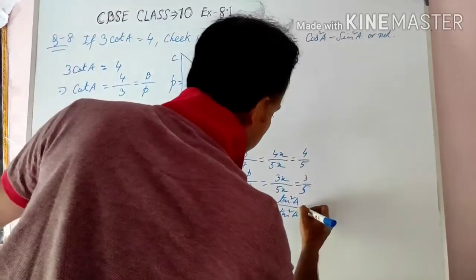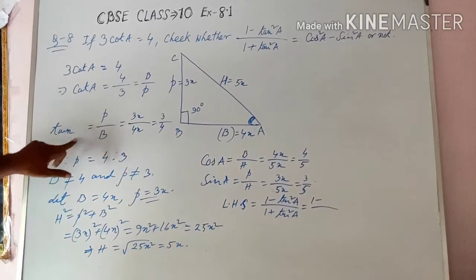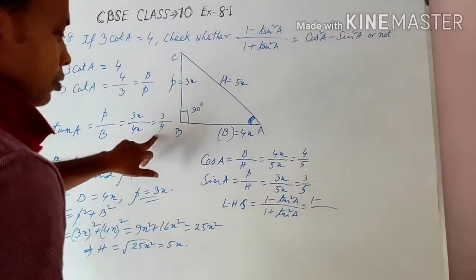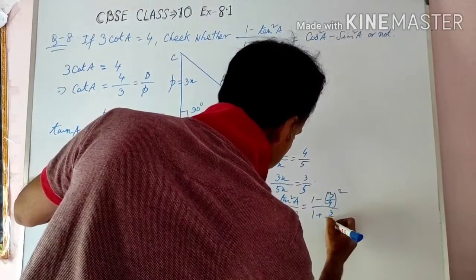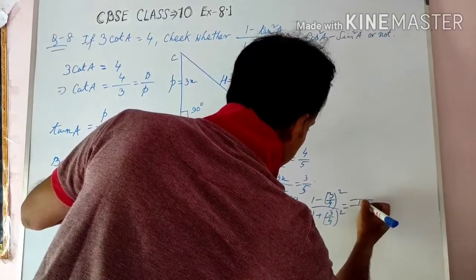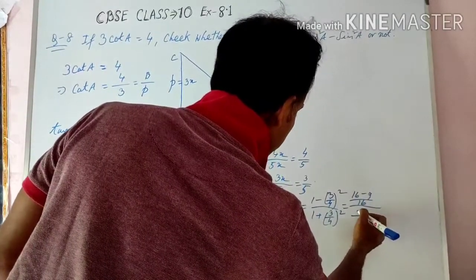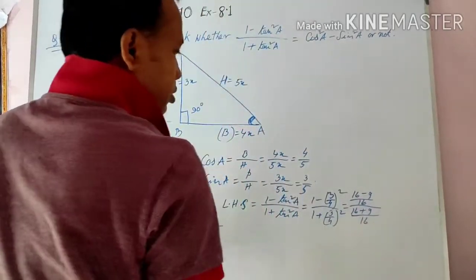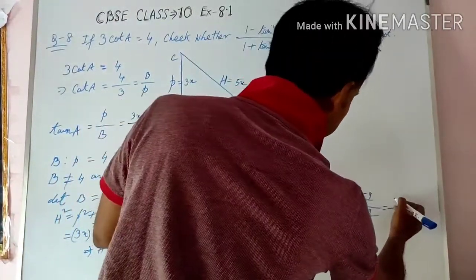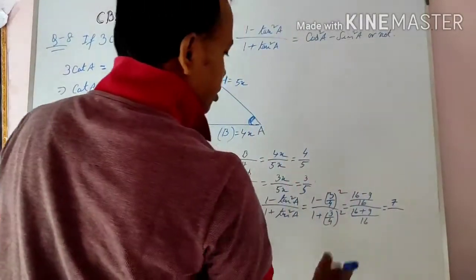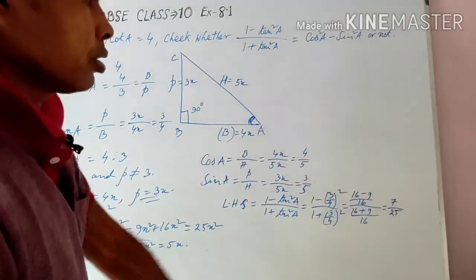Put the value: tan A is 3 by 4, so it is 1 minus (3 by 4) square, by 1 plus (3 by 4) square, is equal to (16 minus 9) by 16, by (16 plus 9) by 16. 16 cancels out, is equal to 16 minus 9, which is 7, by 16 plus 9, which is 25. So left hand side is equal to 7 by 25.